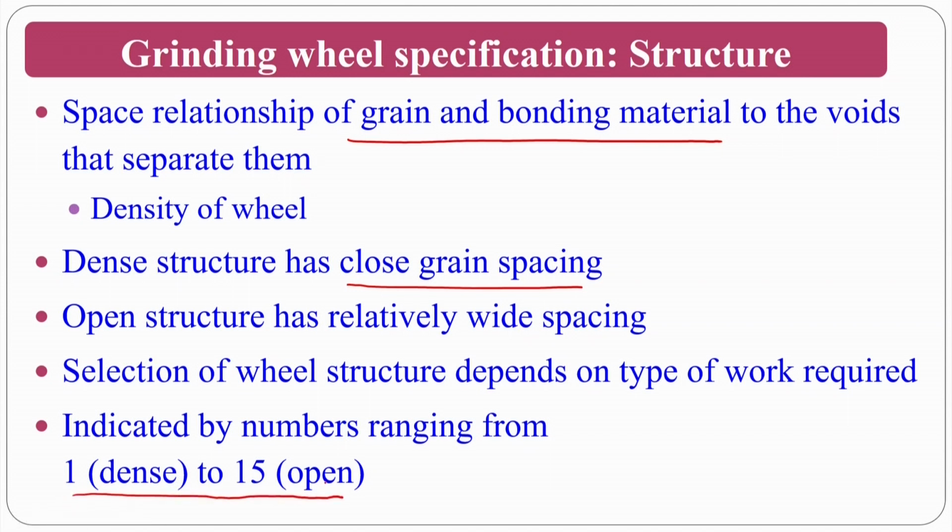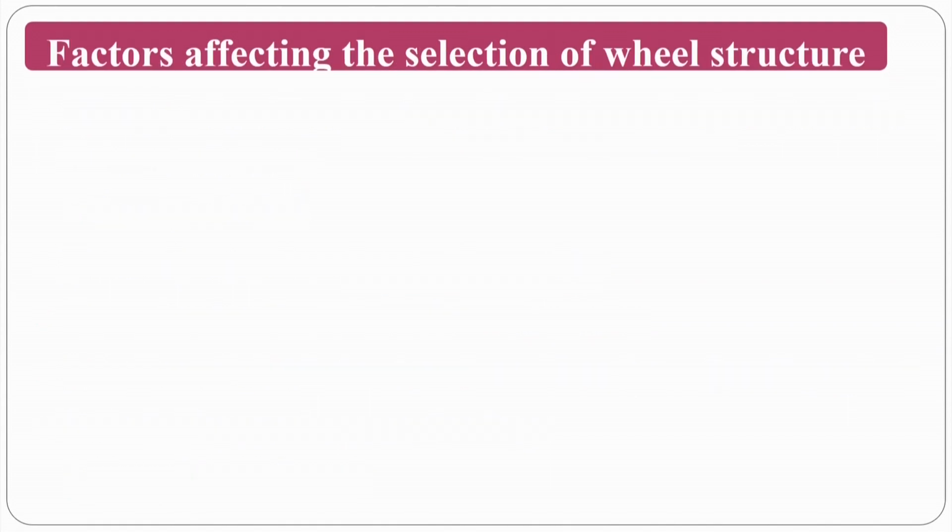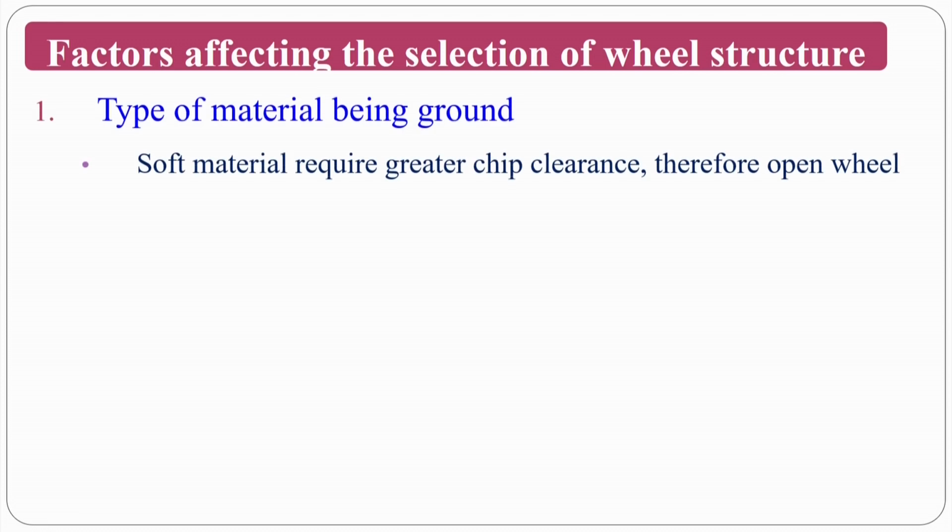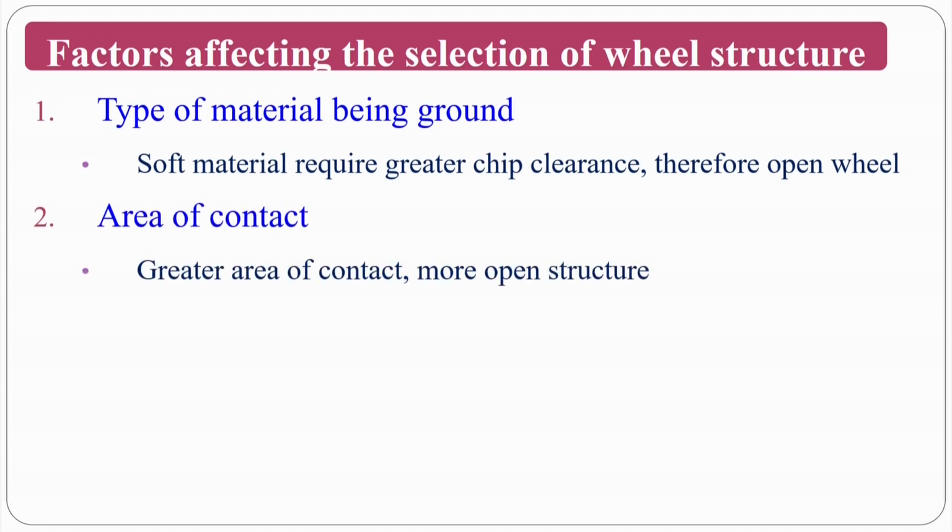Normally, a lower value means dense, and a higher value means open structure. Now, there is an analogy for machining a harder material versus a softer material.